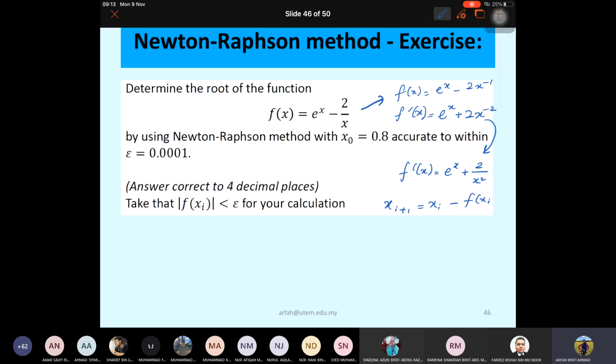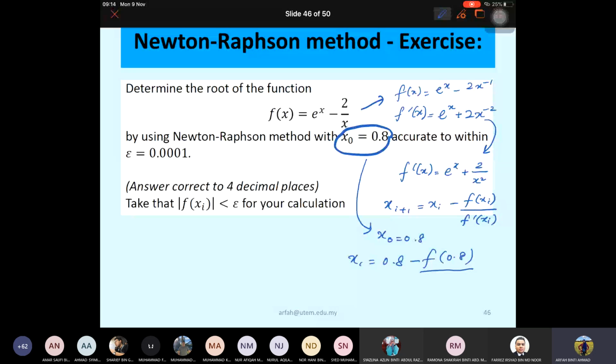Make sure first order derivative awak betul. Sebab kalau first order derivative salah, yang lain terus semua salah. Okay. So dia kata initial value x0 sama dengan 0.8. So sama macam tadi. Awak repeat dia punya calculation x1 sama dengan 0.8 tolak f 0.8 divided by f prime 0.8.